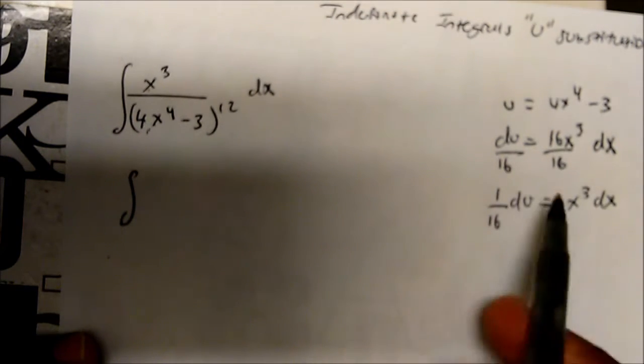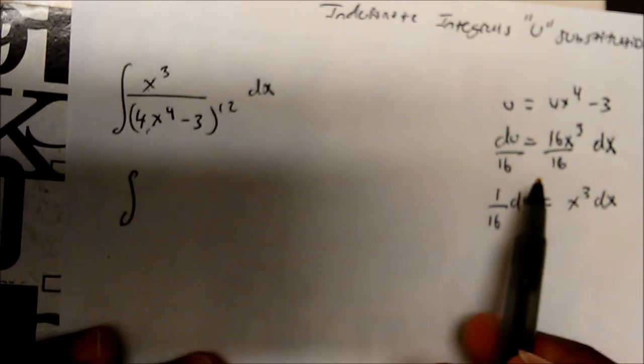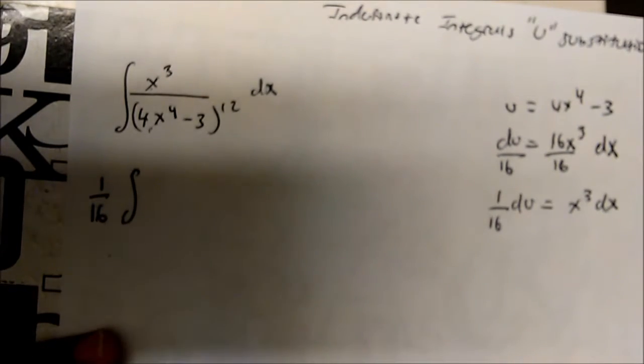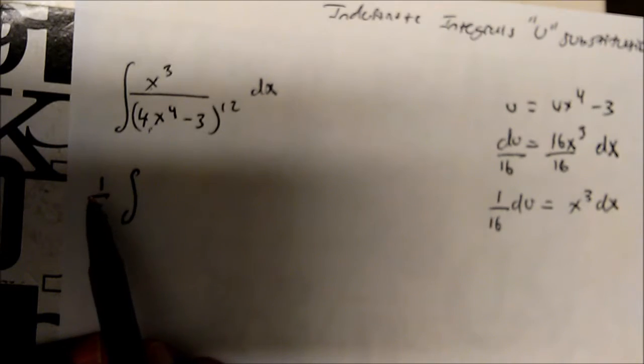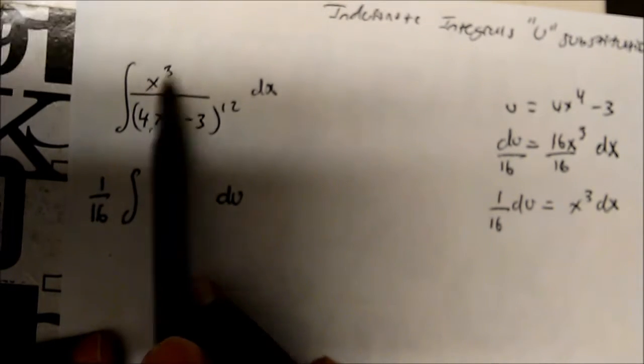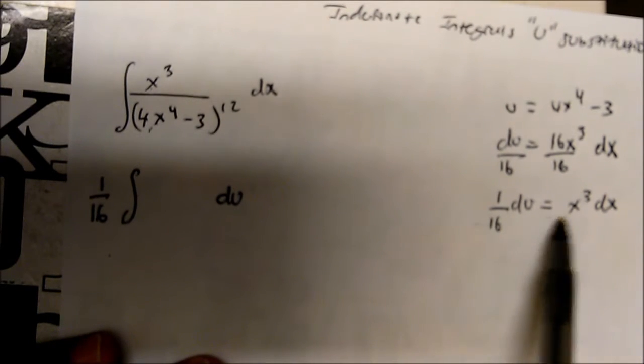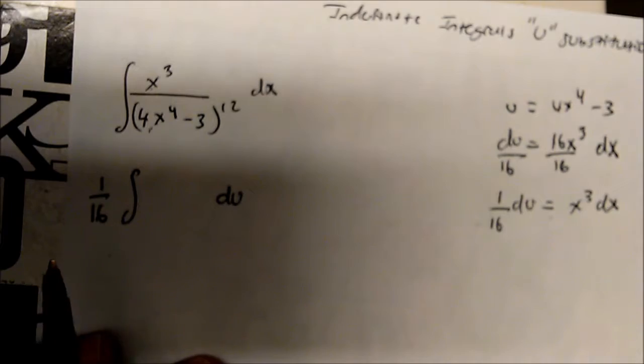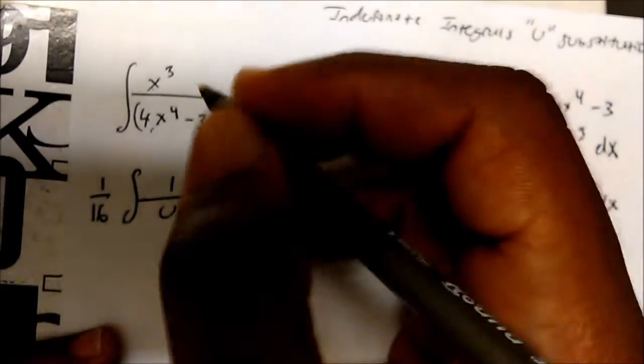So, setting up a new integral. I always put my constants out on the front, but it doesn't matter, you could put it inside. And 1/16 du will take the place of this x cubed dx. Notice we don't have anything on the top, and that will just be 1 over u.